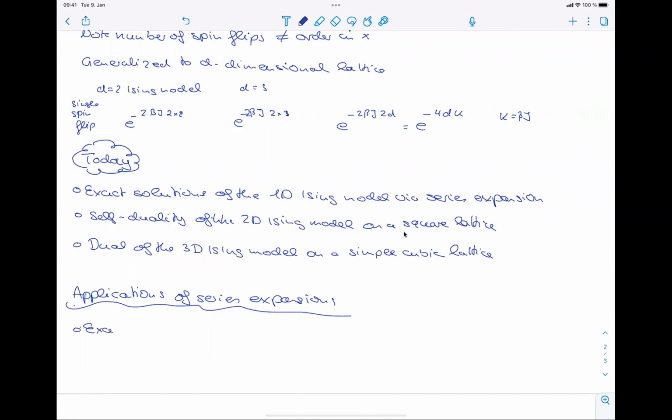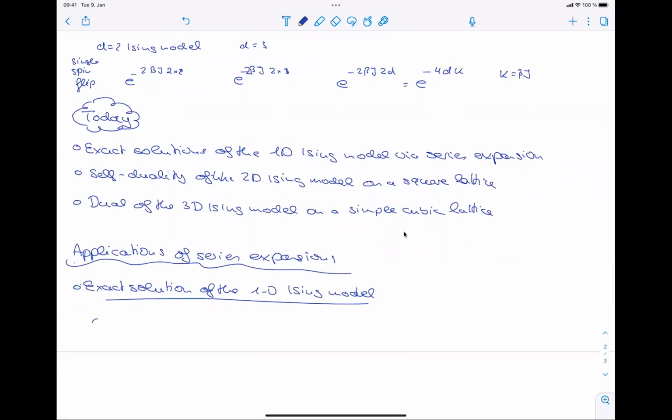So let's look at the exact solution of the 1D Ising model. In particular, we're first going to look at the open chain. Open chain means we have a one-dimensional lattice, which we enumerate from 1, 2, 3 to N.